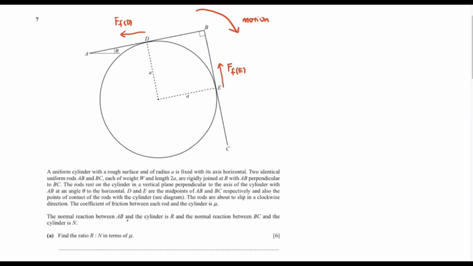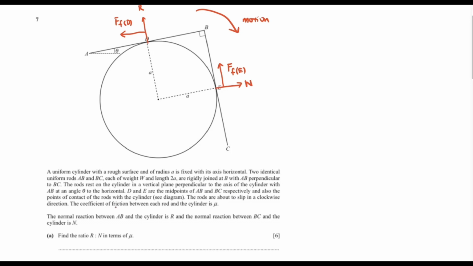And the normal reaction between AB and the cylinder is R. So R is going to act this way. And the normal reaction between BC and the cylinder is N. So N is going to act this way.